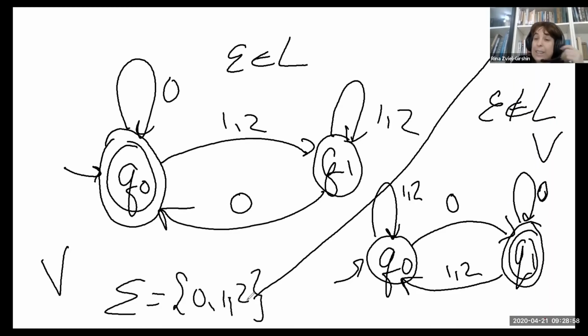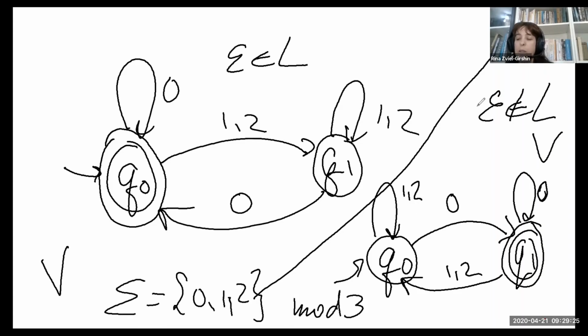We had 3 letters in the alphabet. And the question was divisibility modulo 3, divisible by 3. So I know that if something is divisible by 3, it ends with 0. That's why when I saw 0, I knew that I have to go to an accepting state.